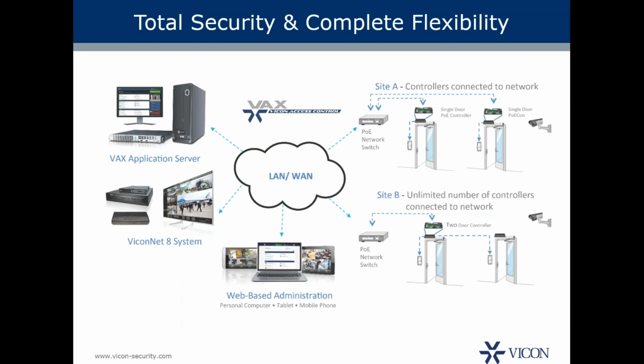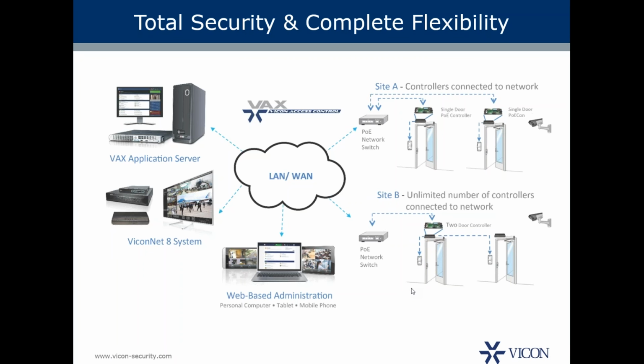This slide shows the general topology of the VAX system. At the heart of the system you see is the VAX application server that's running the actual access control web server and SQL database. Now this is a Windows-based server platform, so the software is running on the server, and from there you're connecting to either one or two door controllers through local LAN, or even WAN that spans multiple physical sites.